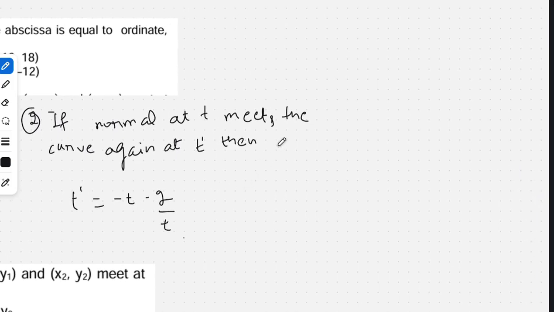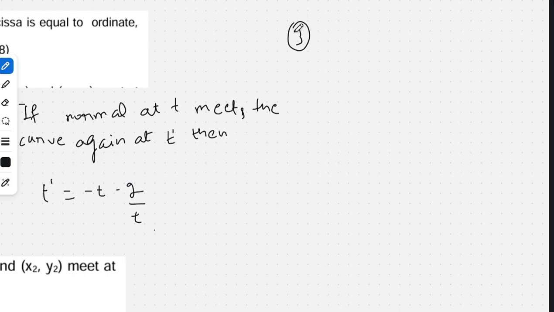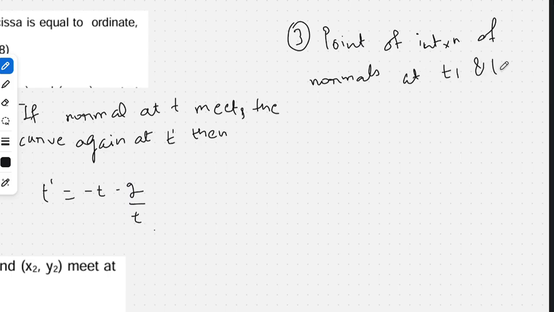Okay, that is second. And the third result that you must remember is point of intersection of normals at t1 and t2. Please remember t1 and t2 are parameters. By t1 I mean the point a t1 square comma 2a t1 and a t2 square comma 2a t2.